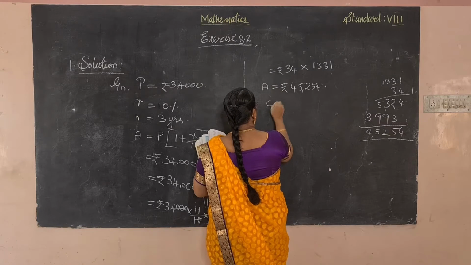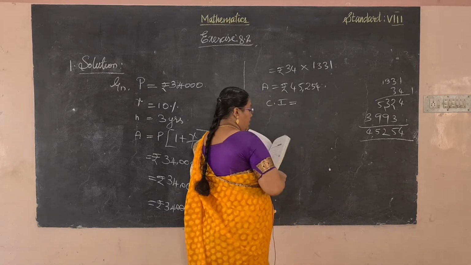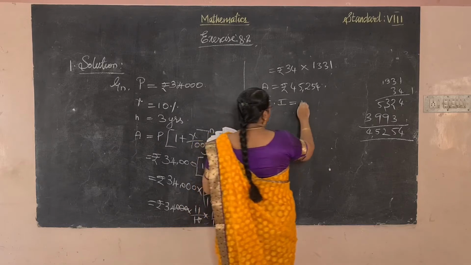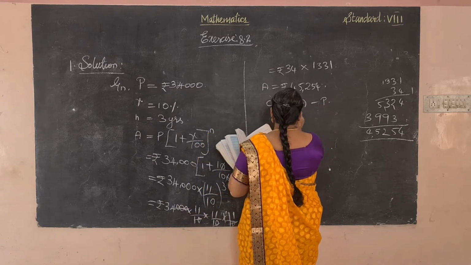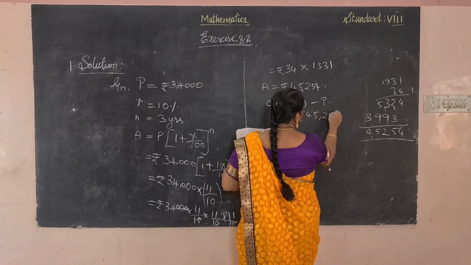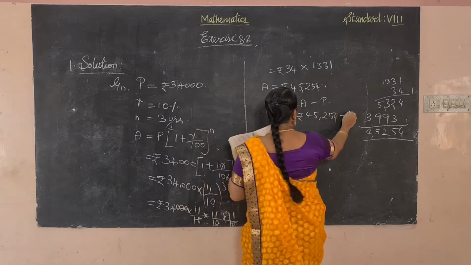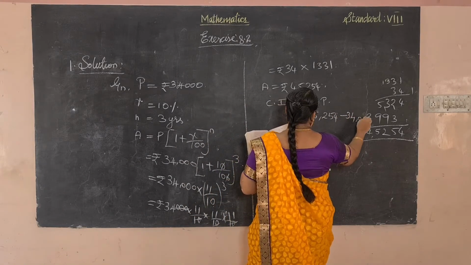What do we find out? Compound interest. What is the formula for compound interest? Amount minus principal. Amount is rupees 45,154 minus principal value, which was 34,000.